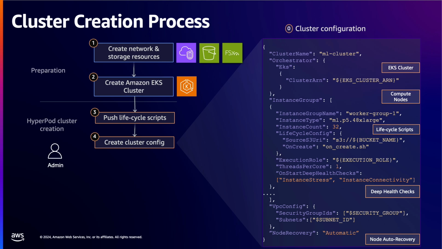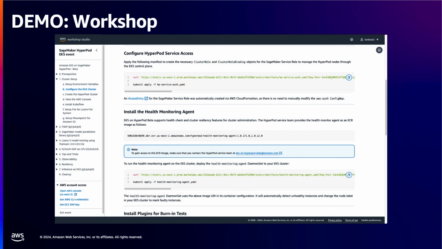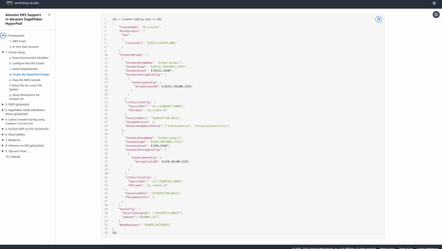So once we have the cluster configuration, we execute a create cluster command, and then the nodes get provisioned and a user can interact with them using kubectl. All of these steps are documented and provided to you in the workshop that we have released. This is a view of the workshop.